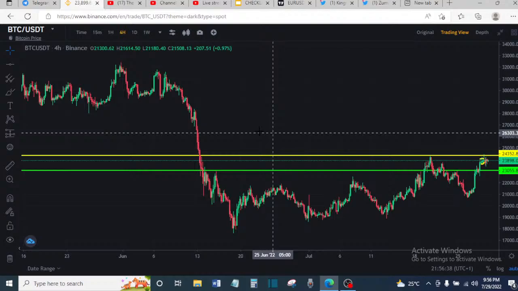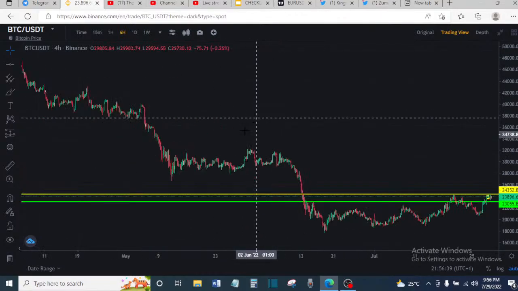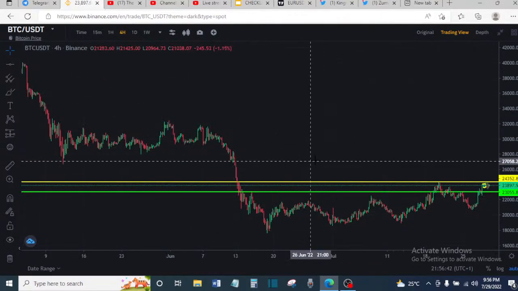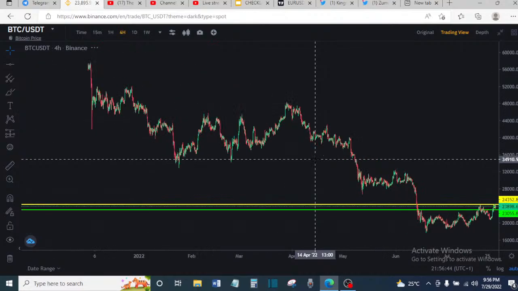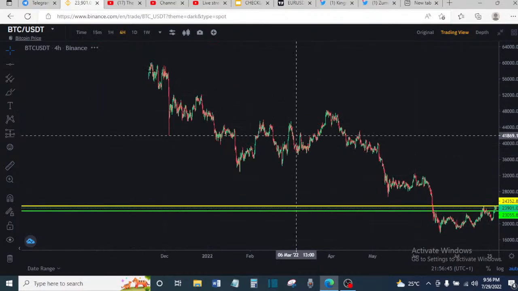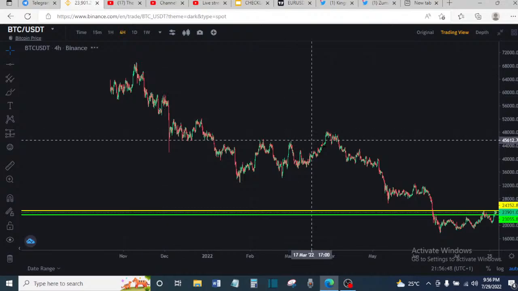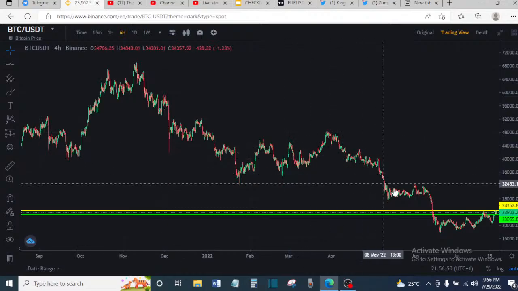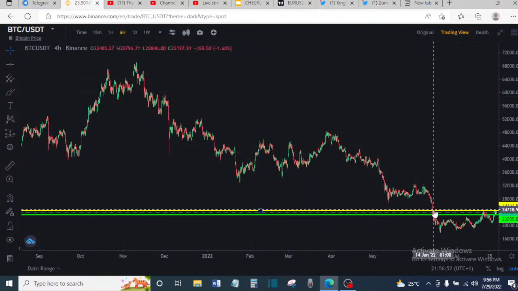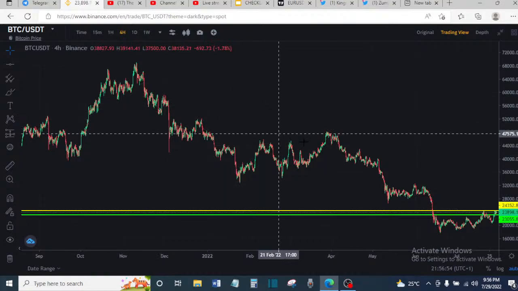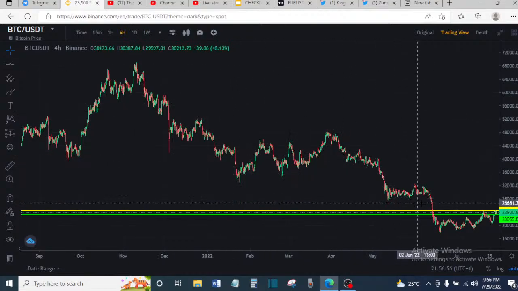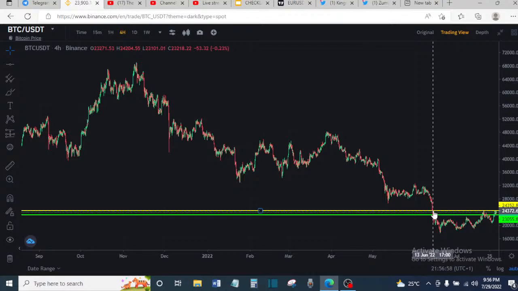One of the reasons why price can go up is that we have had a series of very huge sell-offs.